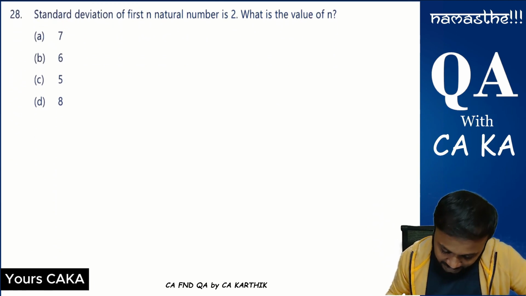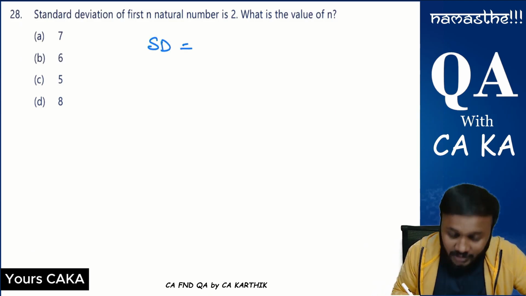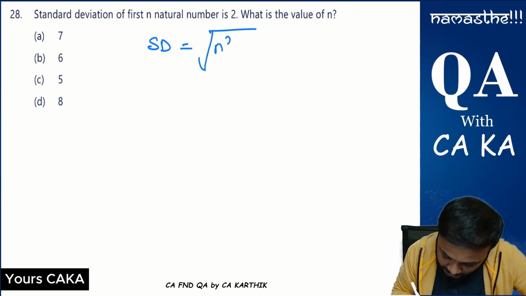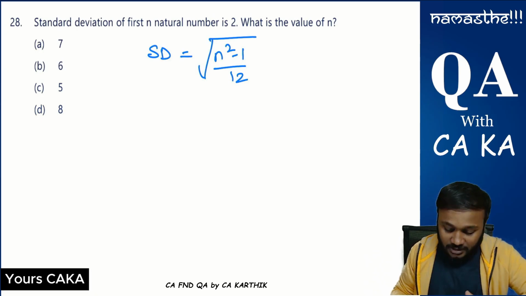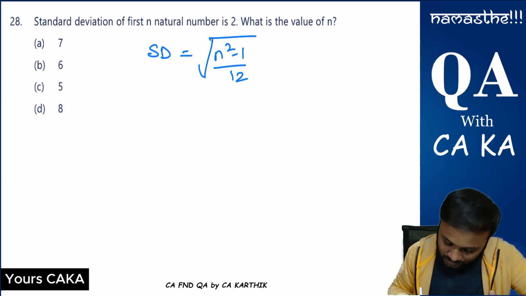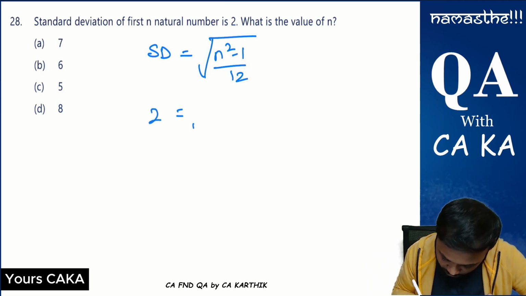The standard deviation of the first n natural numbers is 2. What is the value of n? We have the formula: standard deviation of the first n natural numbers is the square root of (n square minus 1) by 12. This is the formula if you remember. Now we don't know n, but they gave the standard deviation as 2. So 2 is equal to the root of (n square minus 1) by 12.